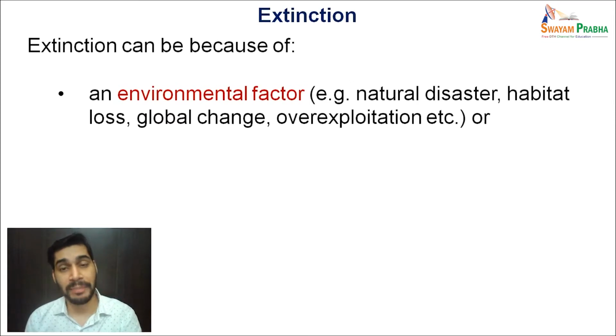For example, if a particular species resides in a particular habitat or requires certain ecological conditions, then if those conditions are lost, that species won't survive. There can be global changes responsible for extinction, or other reasons like overexploitation. So these environmental factors are more of ecological or evolutionary factors.